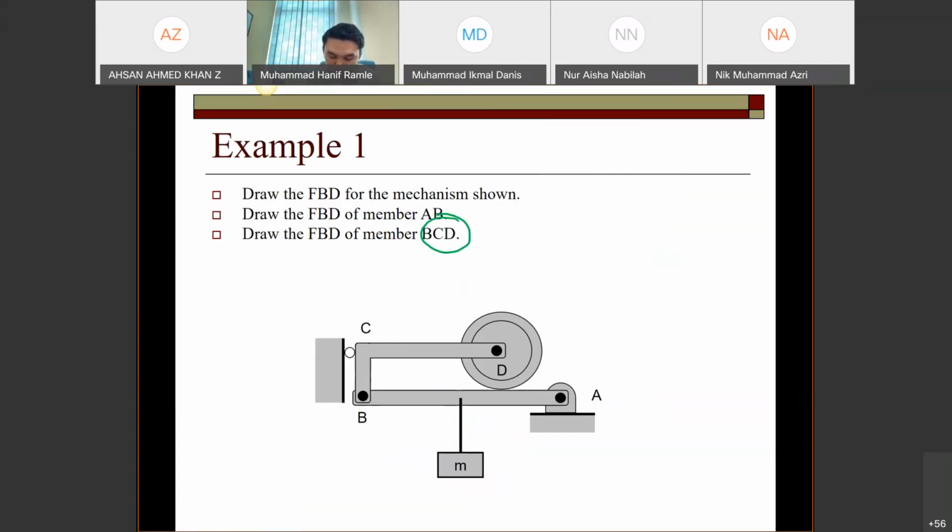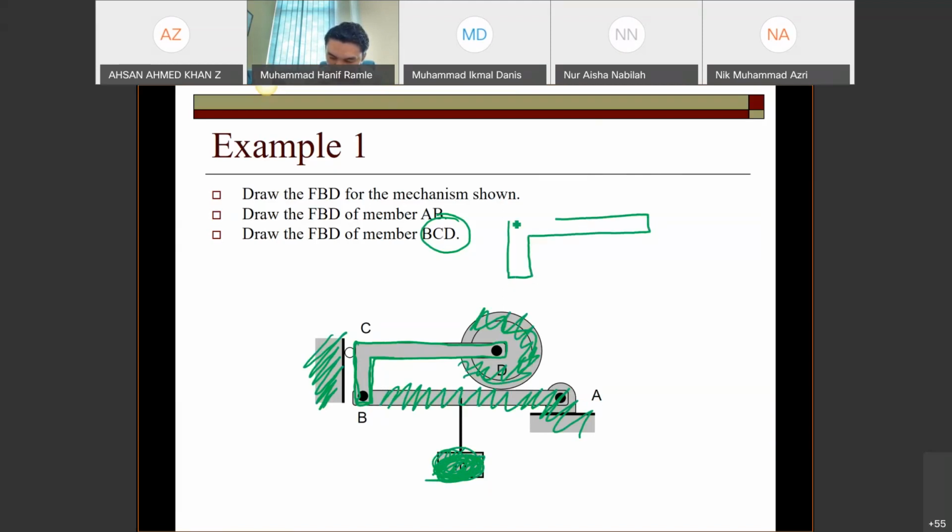BCD, this one only, excluding all other bodies: the roller, BE, the pin at E, and the mesh. This one is excluded. This one is also excluded. So you only have to draw BCD like this, and put the points B, C, D.